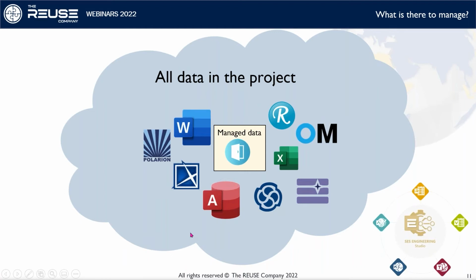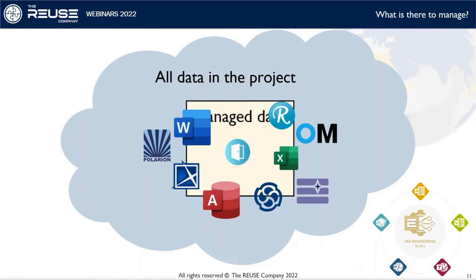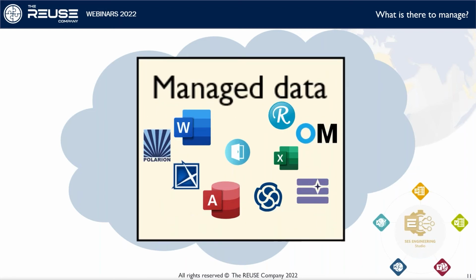However, if you use CS Engineering Studio and connect all sorts of tools and containers of data to the same database, you would actually be able to extend the definition of how you manage data to cover all the data that you work with, regardless of what sort of tool it's in.